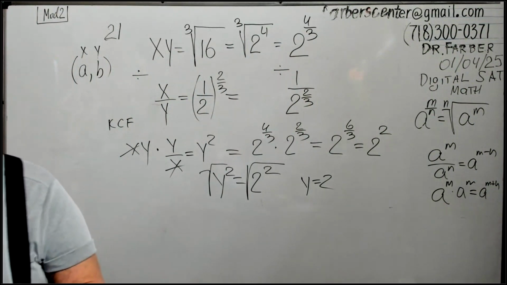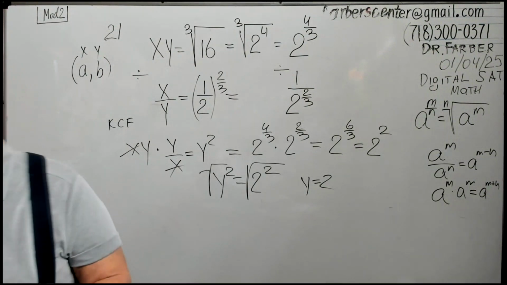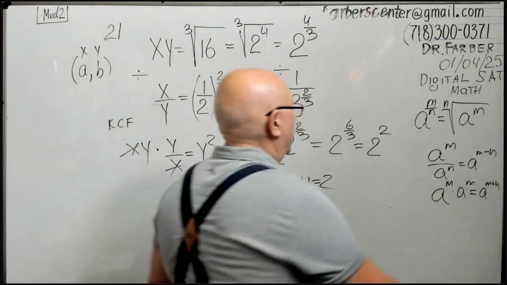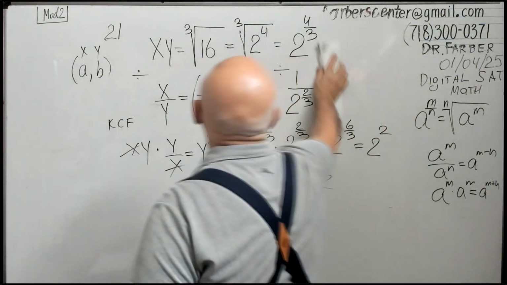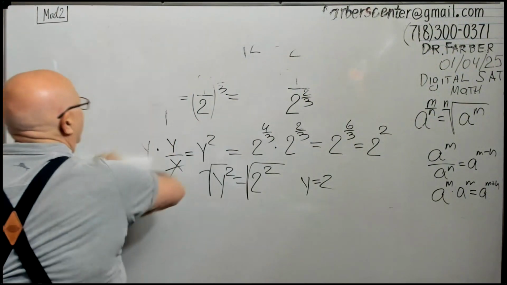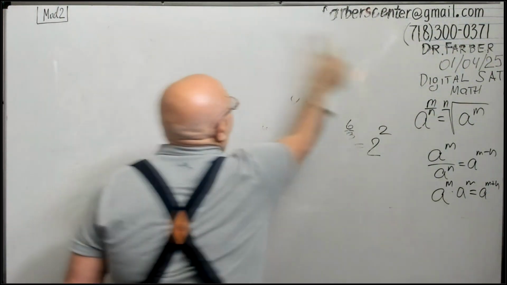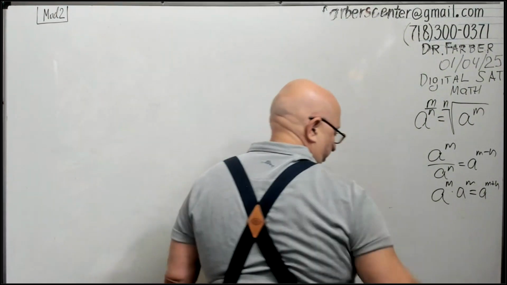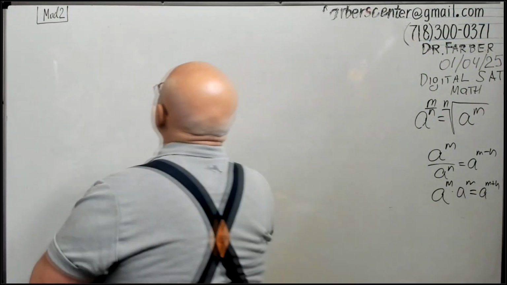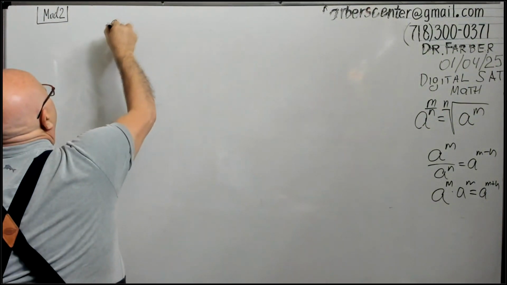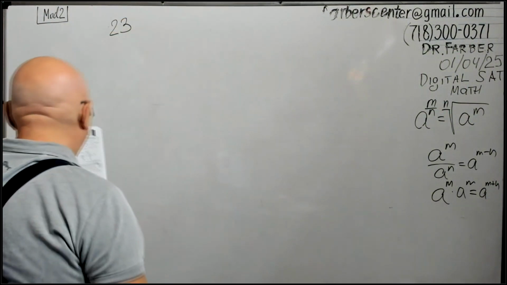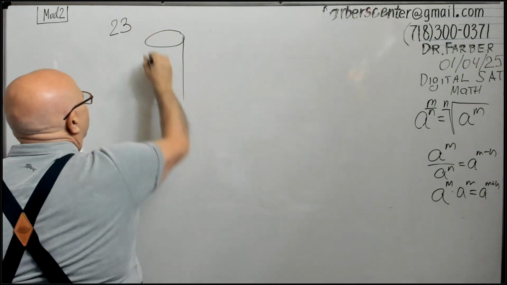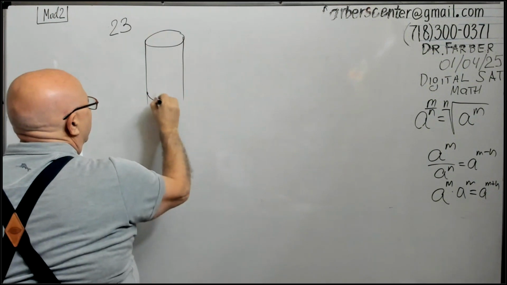Next is 23. In 23, what we have? We have a cylinder.